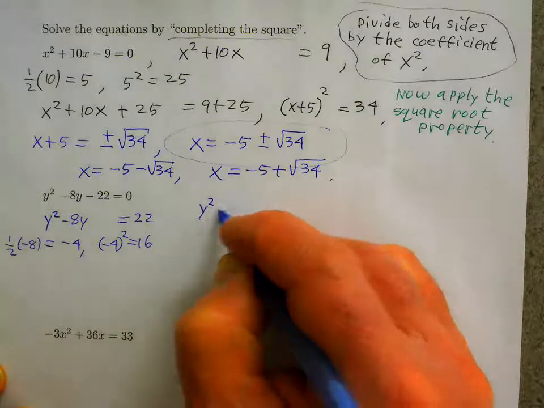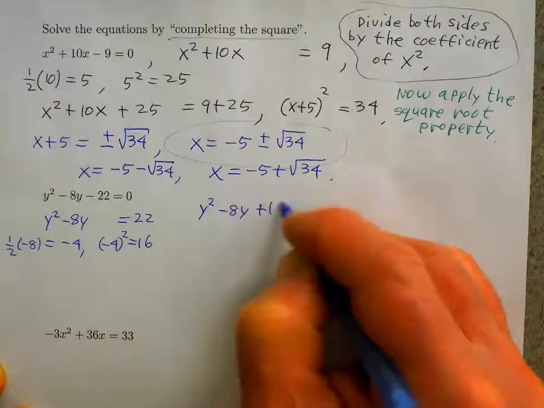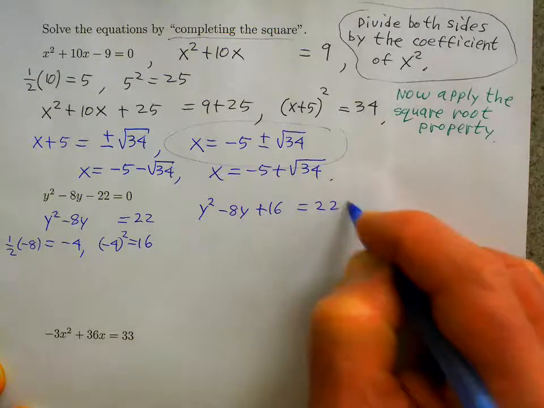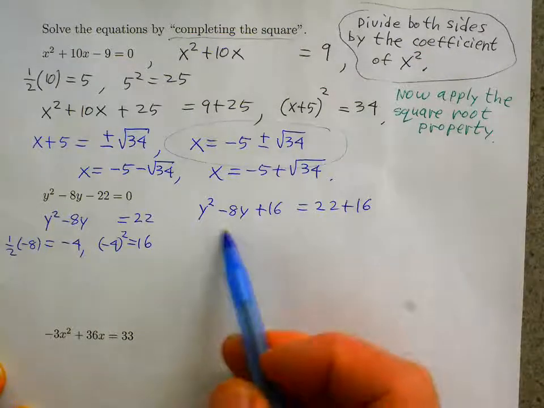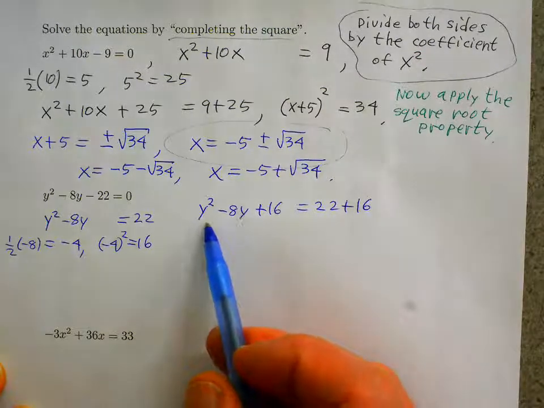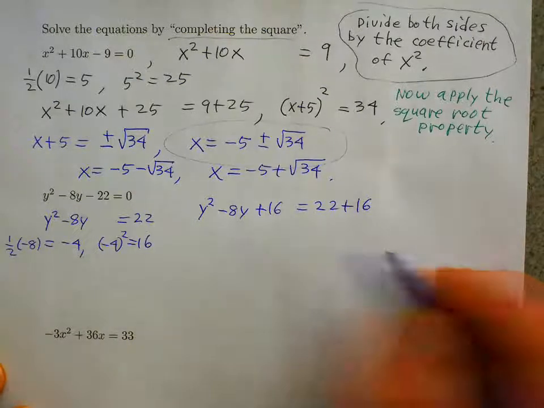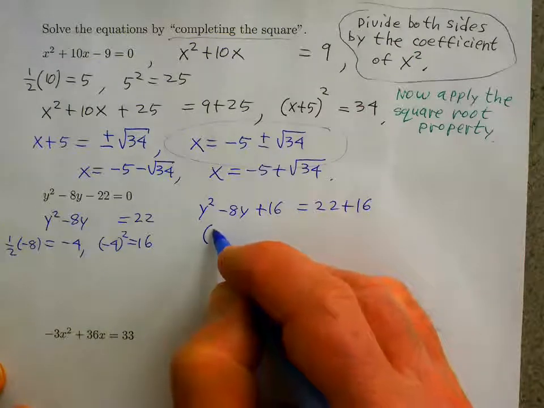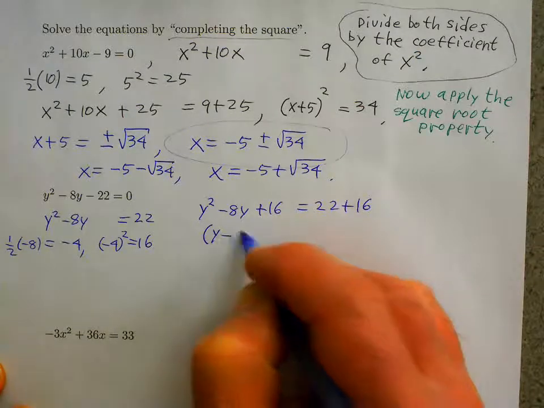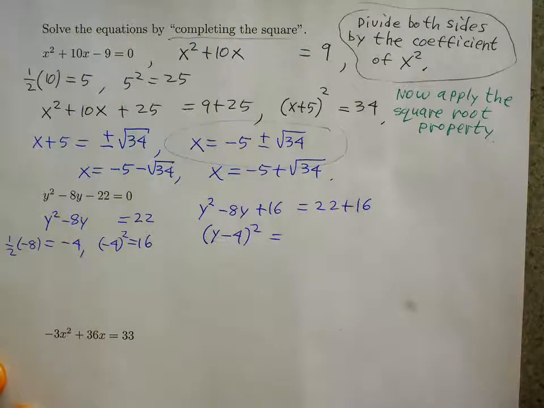Y squared minus 8y plus 16 equals 22 plus 16. And y squared minus 8y plus 16 is a perfect square trinomial. So we write it as a binomial squared, which is y minus 4 squared. And 22 plus 16 is 38.